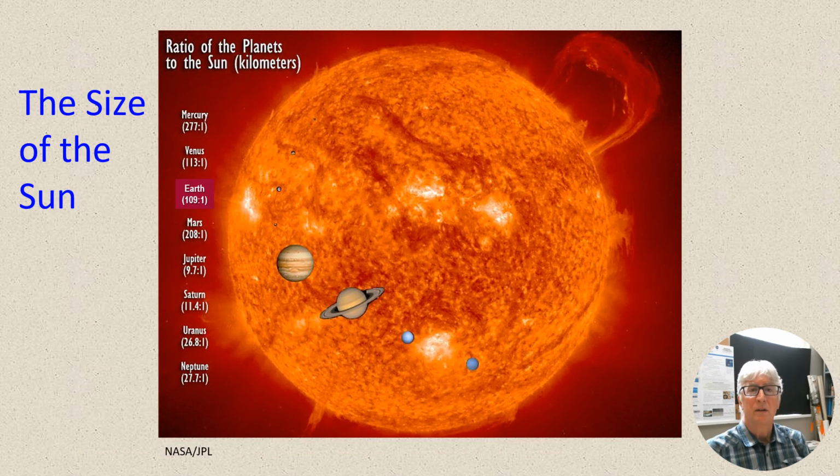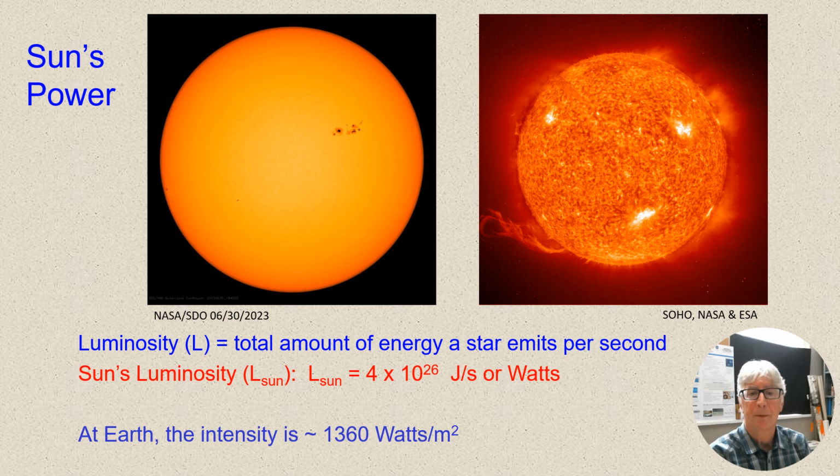This shows you a scale drawing of the sun's size compared with the major planets, and you see the sun is about 109 times the diameter of the Earth. The sun's luminosity, which is the total energy emitted at all wavelengths, you see is 4 times 10 to the 26 joules every second.